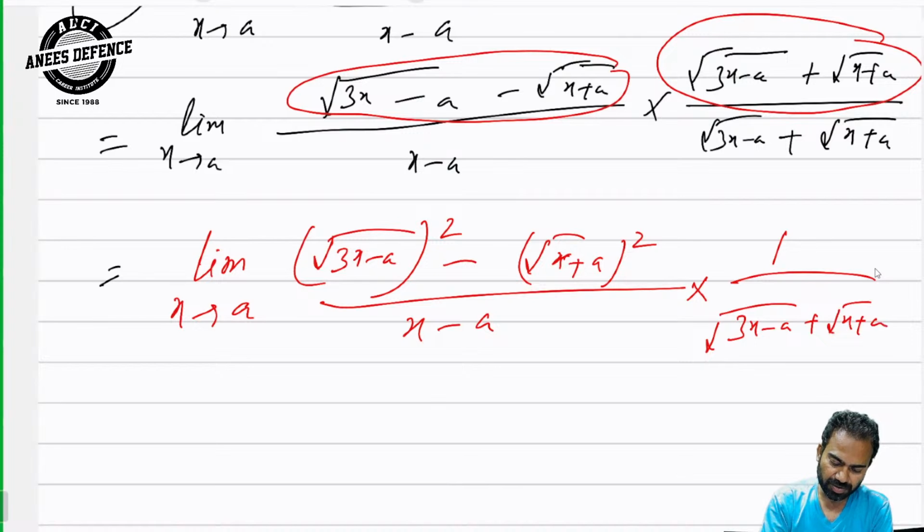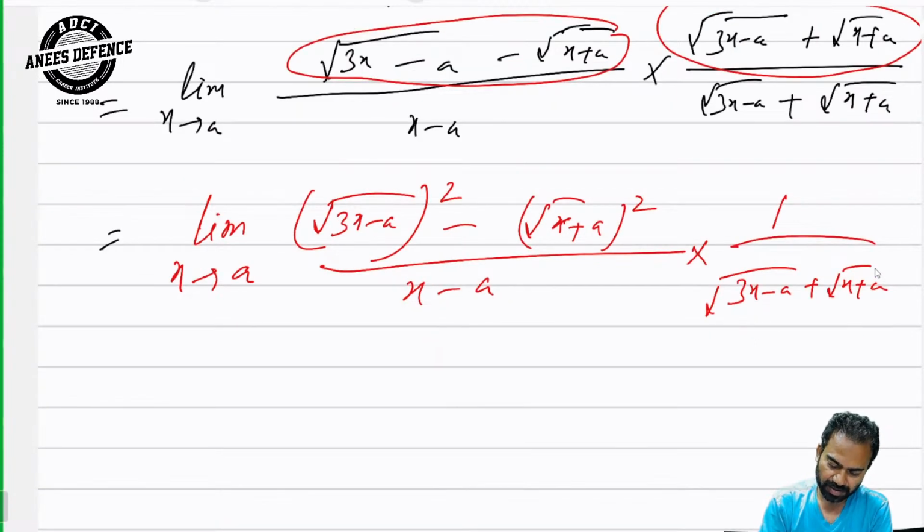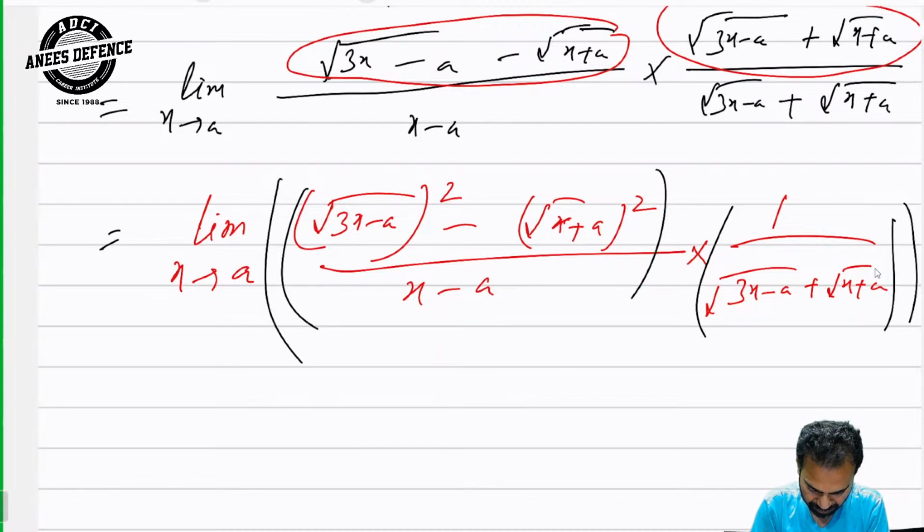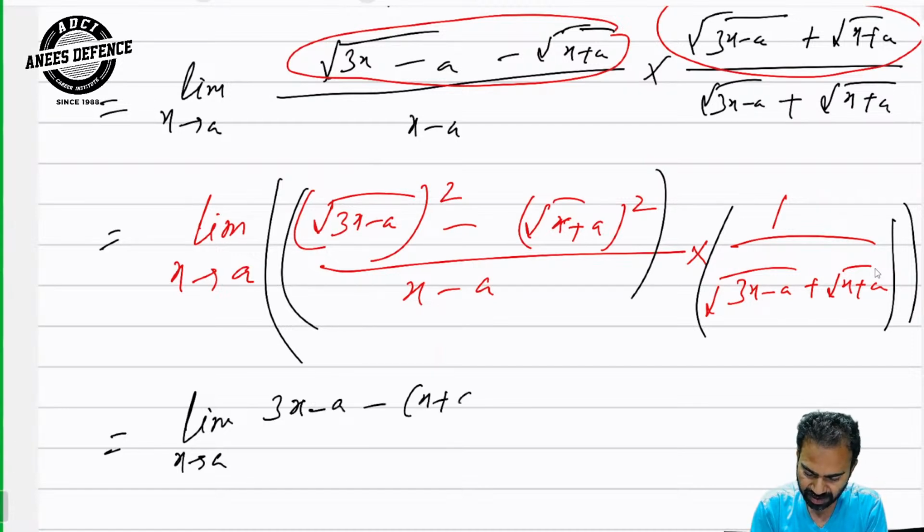I will find the limit of these two parts separately. Limit x tends to a, the root will cancel out from a square, so x minus x plus a, the root will be cancelled out.